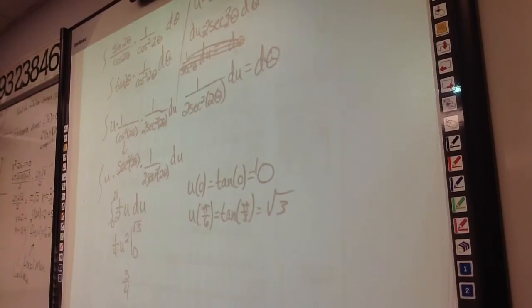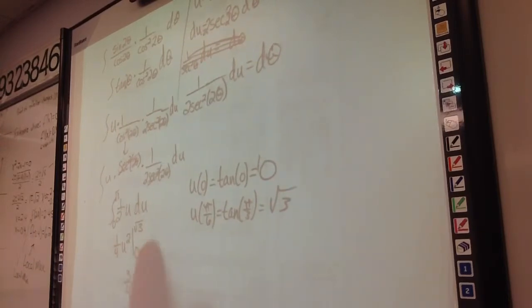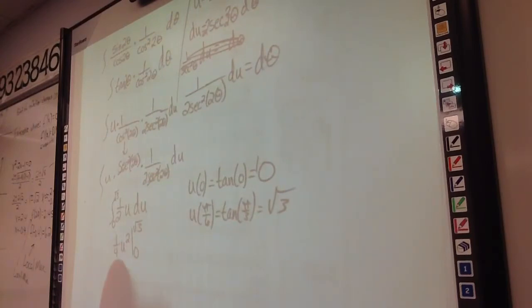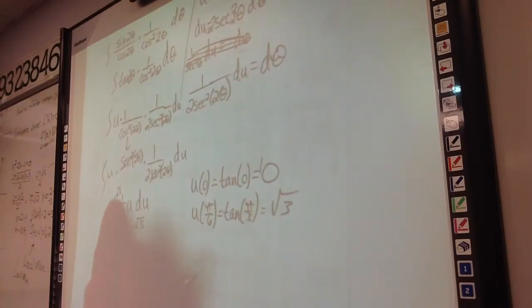You do all the same steps, except you don't do the antiderivative right away. You do all the same steps, and then when you get to that last part, before you do the antiderivative, you need to get your new bounds, your new numbers for your integral.